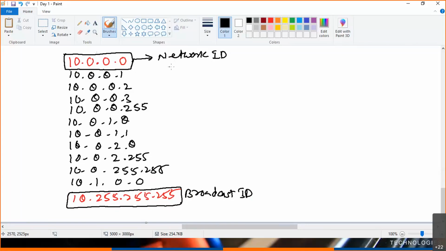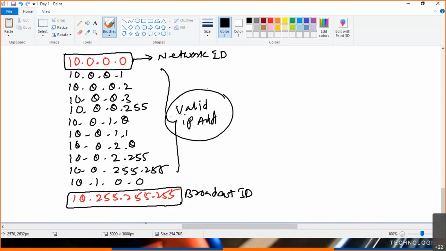In between the network ID and broadcast ID, all IP addresses are usable addresses, or we can call them valid IP addresses. So only valid IP addresses we can assign to your hosts. We cannot use network IDs or broadcast IDs.